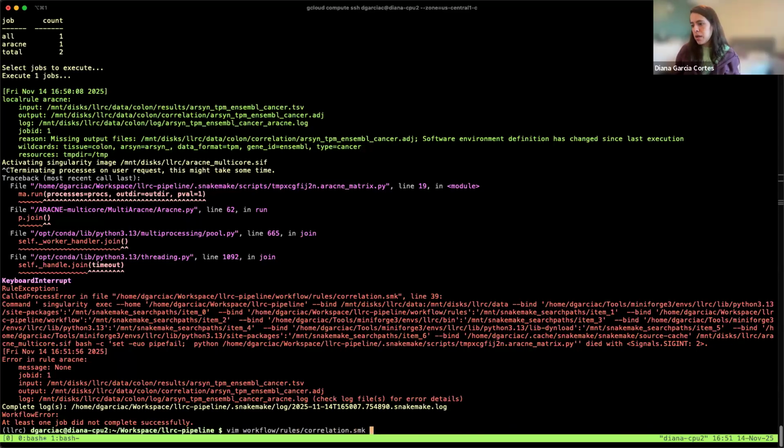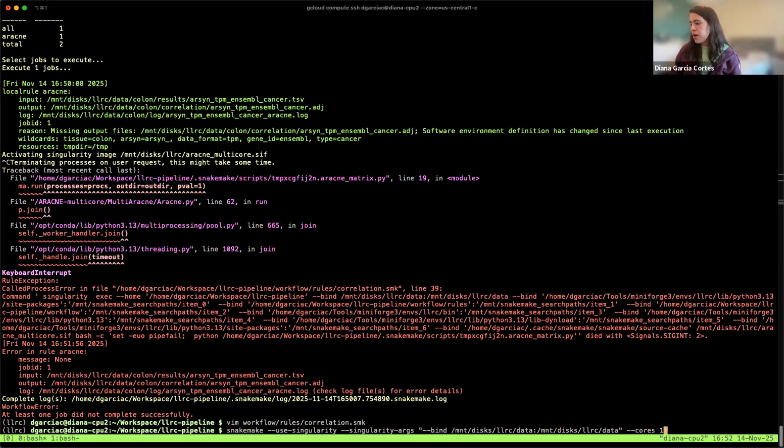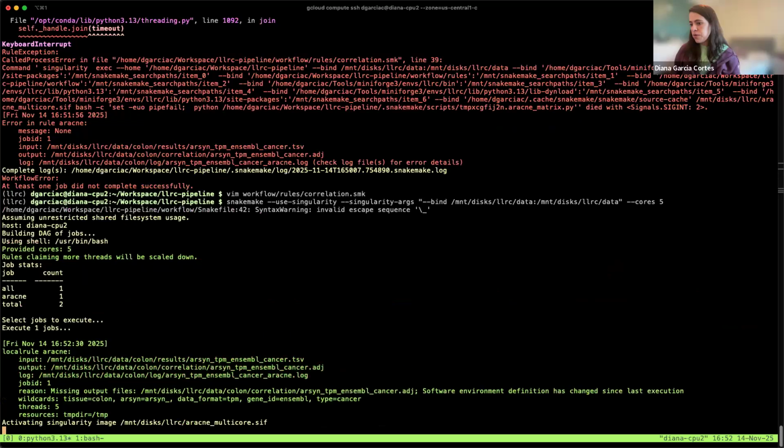So now I'm gonna change the threads property here. Because I only have 8 threads, let's ask it to use 5 threads for this task, and 5 here because I'm just running one task for the workflow.